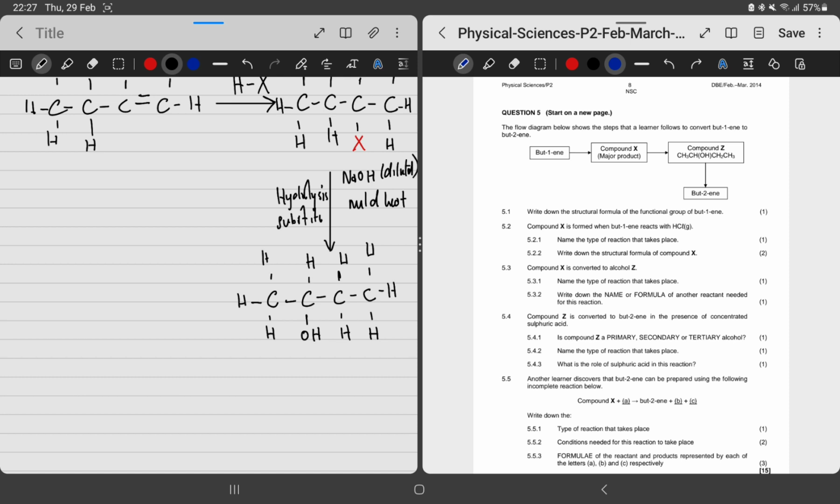An elimination reaction. Okay. And then we are forming what? But-2-ene. And so this is going to be 1, 2, 3, 4. And then in carbon number 2, I'm going to have a double bond.